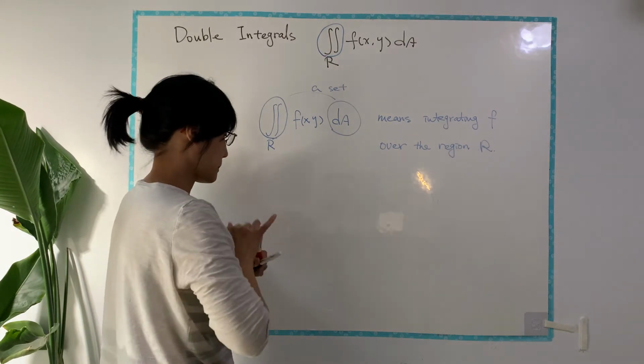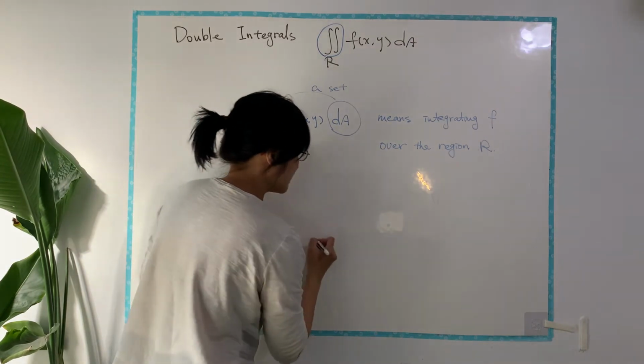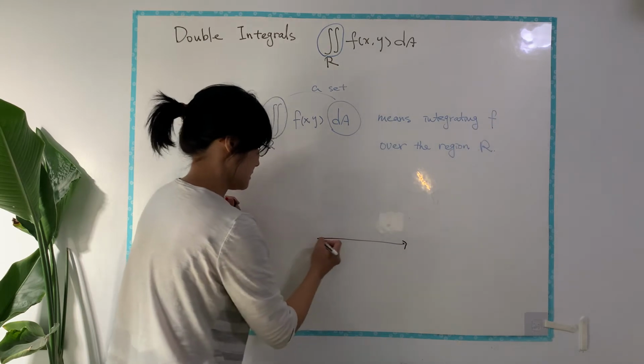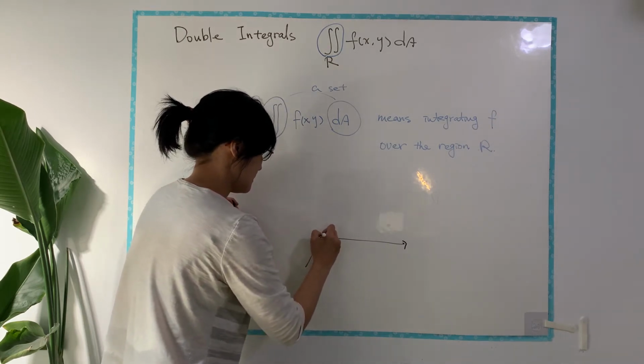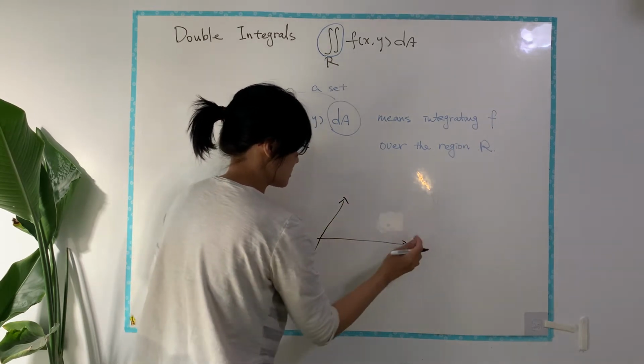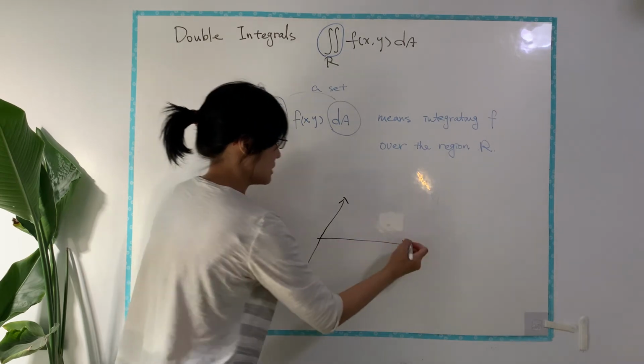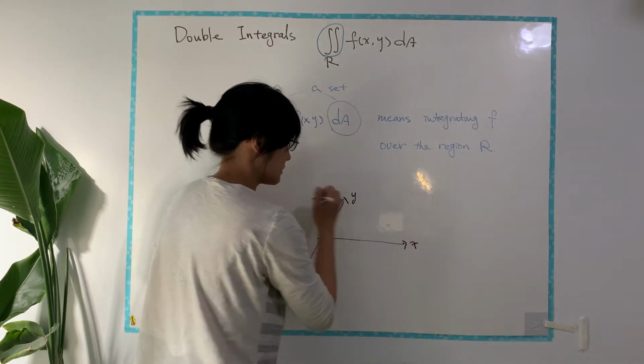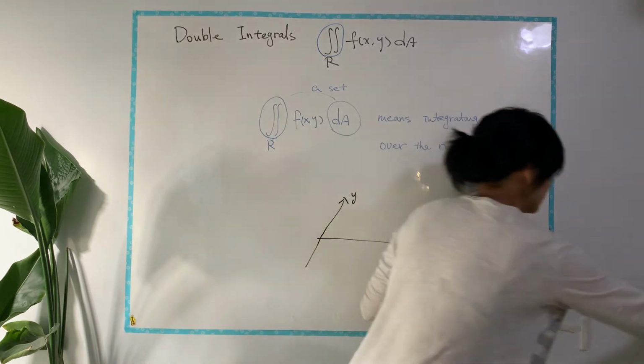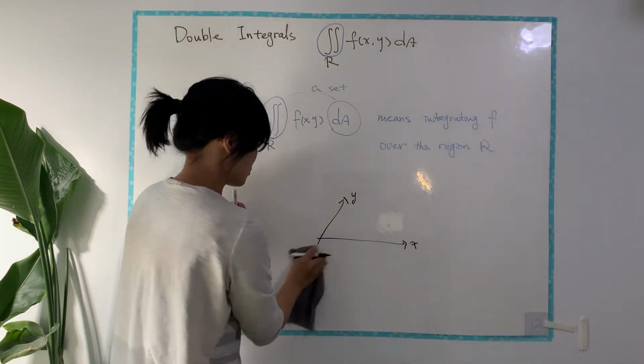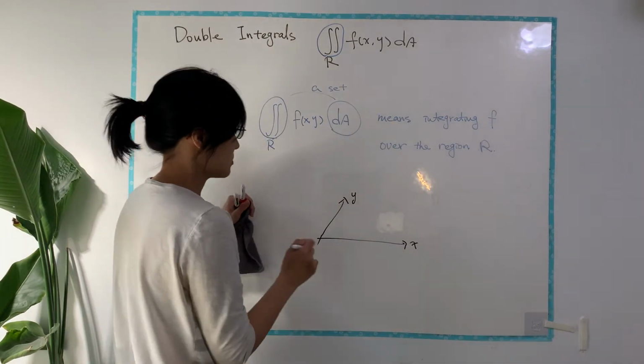So let me give you an idea. Suppose I have the xy plane. I meant to draw it in a slant way.